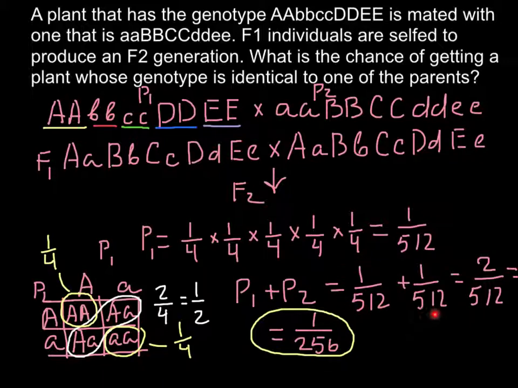So that's why we add these two probabilities, and here is the answer: for the F2 generation, the probability to have either the genotype of parent 1 or parent 2 would be 1 over 512.